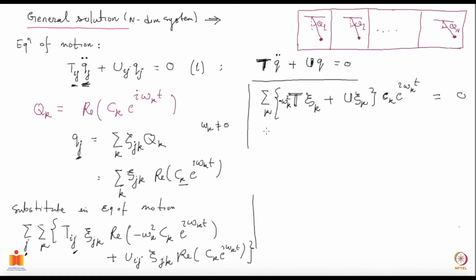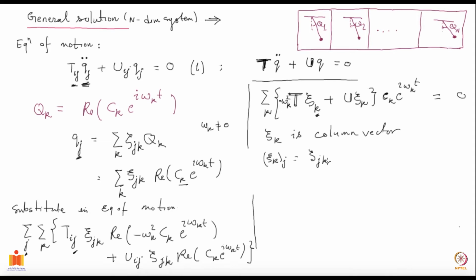So let me tell you what xi k is. Your xi k is a column vector. This xi k does not carry two indices, it doesn't carry j k, it's only one, so it's a different quantity. What I have done is define xi k as a column vector whose jth element is xi j k. That's the definition of this column vector, xi k.